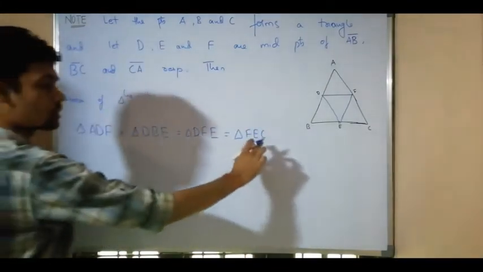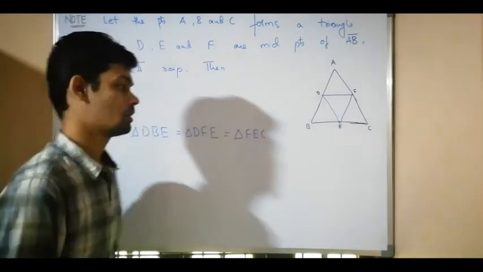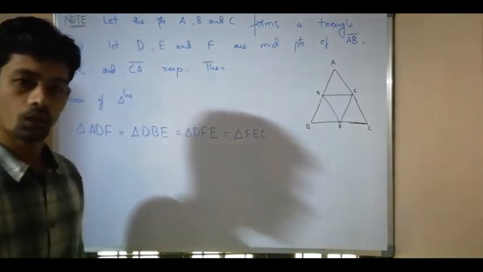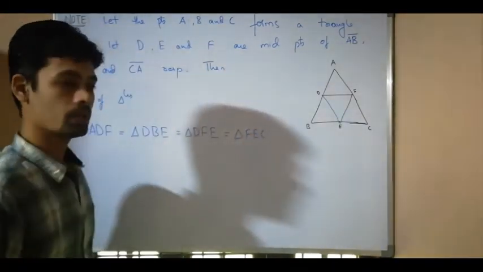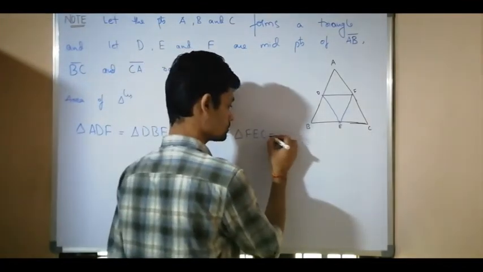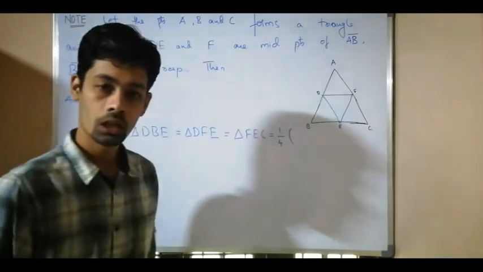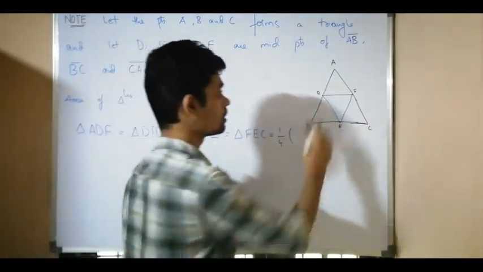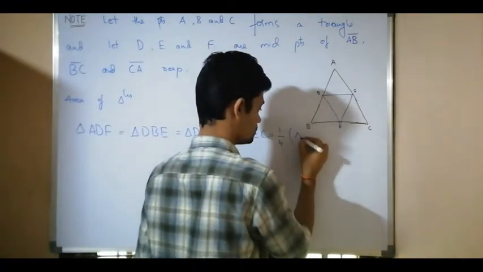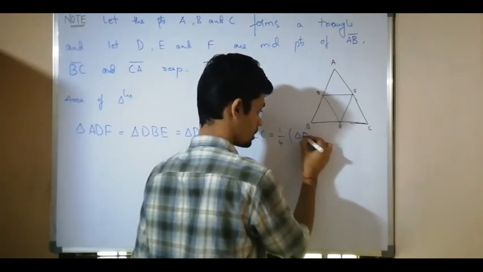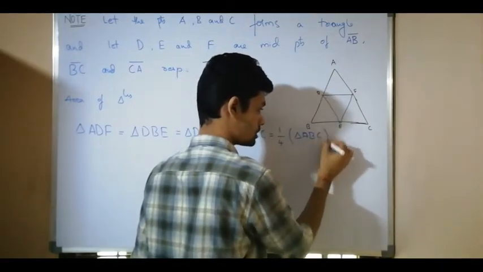All these four triangles, their areas will be equal, and this will be equal to 1/4 of area of triangle ABC.